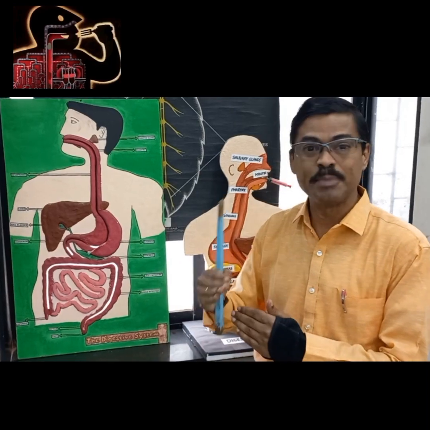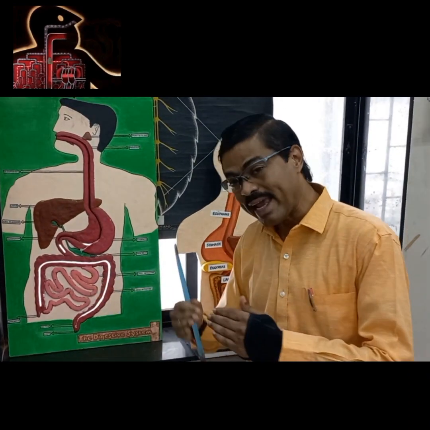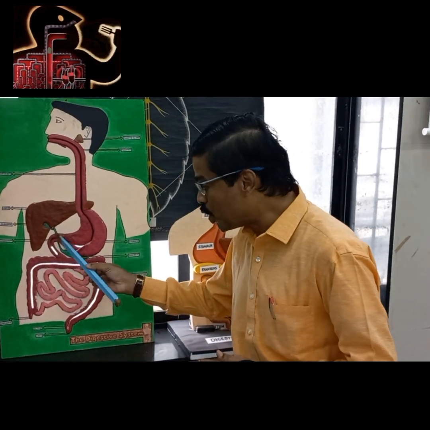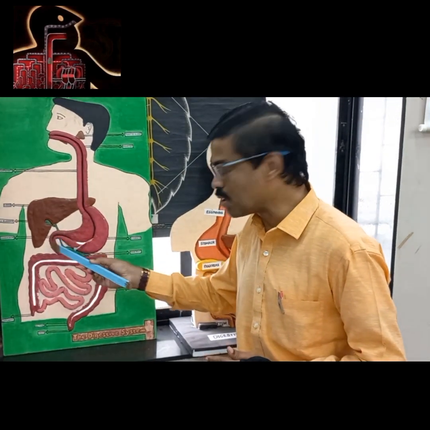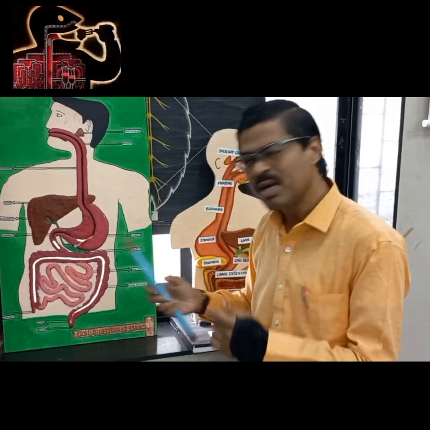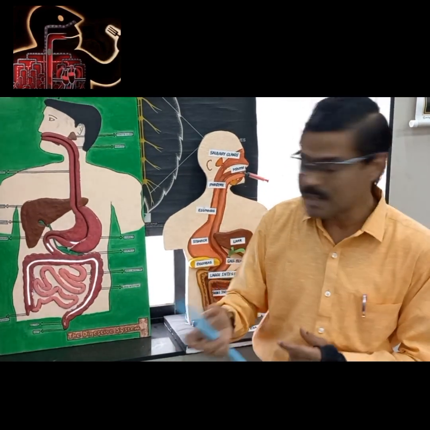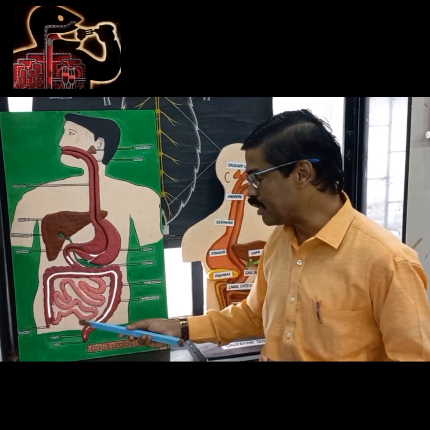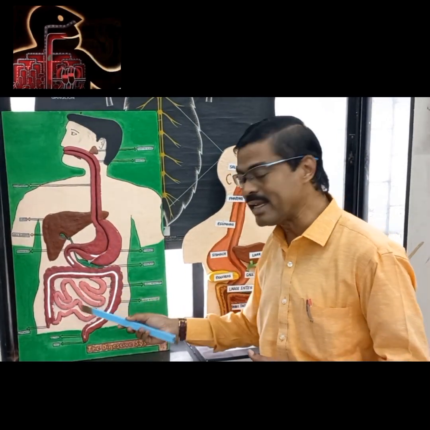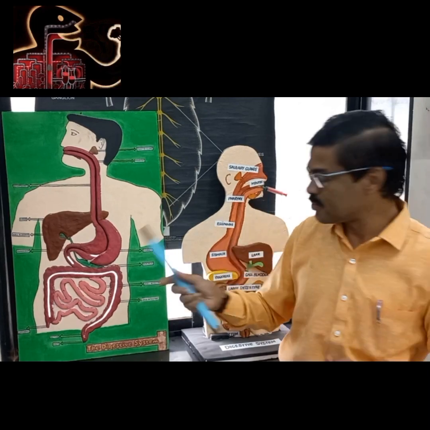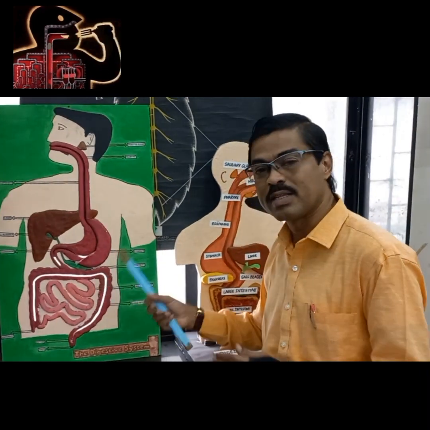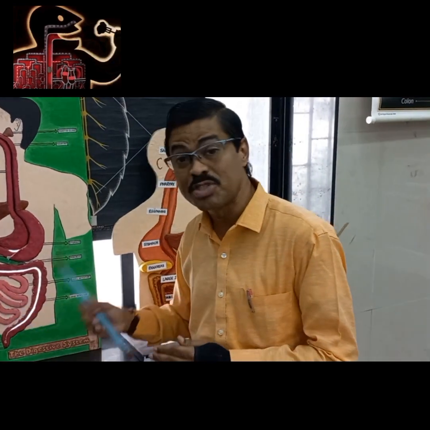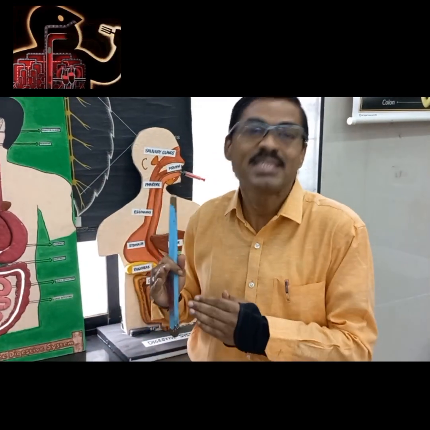Now this small intestine is again divided into 3 parts, starting with the duodenum after the pyloric region. The duodenum is around 25 centimeters, which leads into the jejunum and then the ileum. So duodenum, jejunum and ileum: initially 25 centimeters, further 2.5 meters, and the last part, that is the ileum, which is 3.5 meters in length.